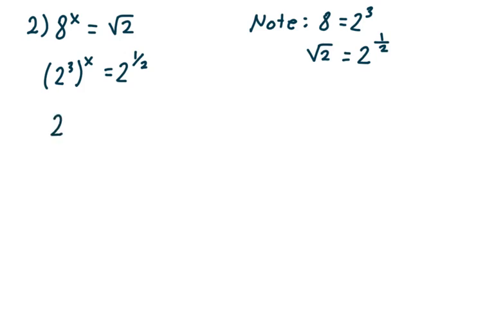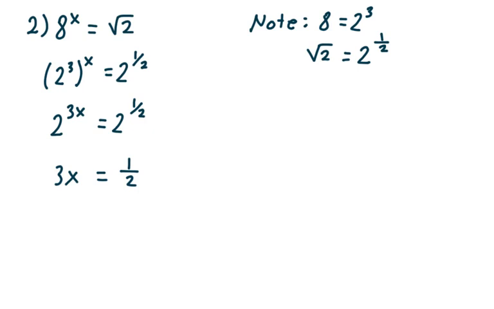So 2 to the 3x is equal to 2 to the 1/2. But if 2 to the 3x is equal to 2 to the 1/2, 3x has no choice but to equal 1/2. So we can say 3x equals 1/2.